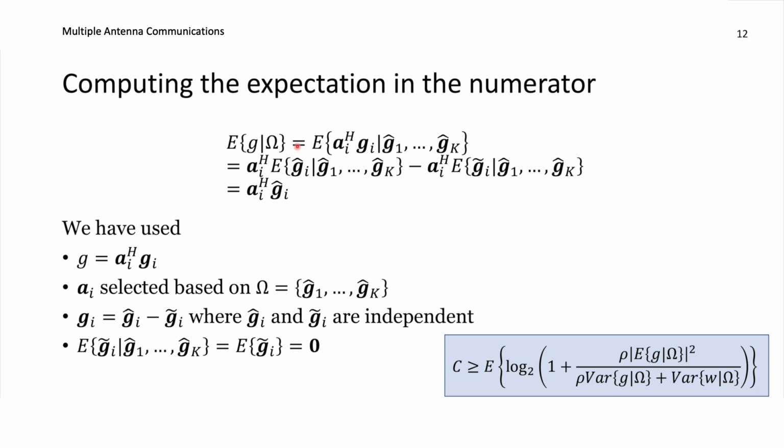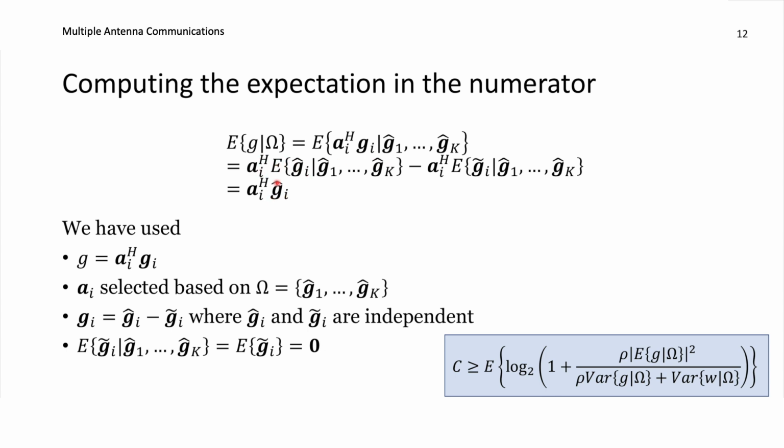Then we take that g_i can be separated into g_i hat, which is the estimate that we know, minus the estimation error, g tilde_i. So we take the expected value with respect to g_i and separate it based on these two terms: the expected value of g_i hat given the channel estimates, minus the expected value of the estimation error given the estimates as well. Now we note that if we know the estimates, then the estimate here is a constant, so we can write a_i Hermitian g_i hat.